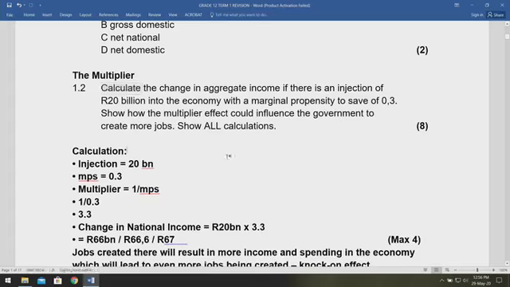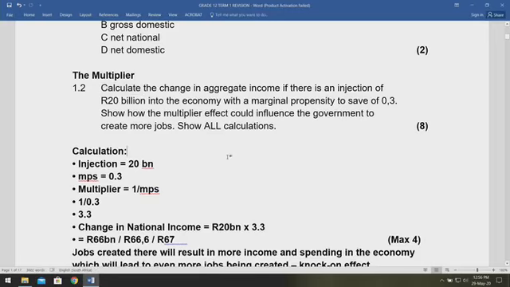And there is one major one that you should remember the formula for, and that is how to calculate the value of your multiplier. And in order to calculate the value of your multiplier, that would be the formula K is equal to 1 over 1 minus MPC. That is one of the formulas you need to always remember, right?